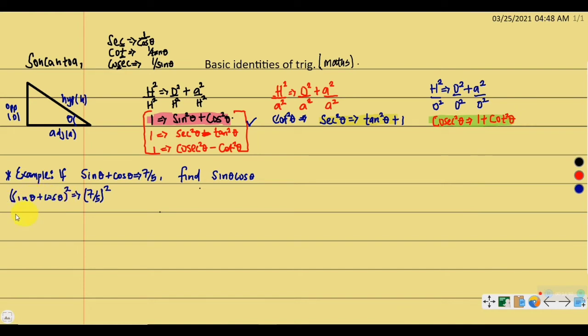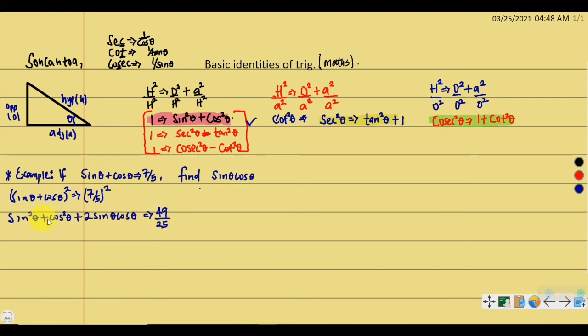So doing that, we are going to have sine square theta plus cos square theta plus 2 sine theta cos theta is equal to, as you can see, 7 squared is 49 and 5 squared is 25.